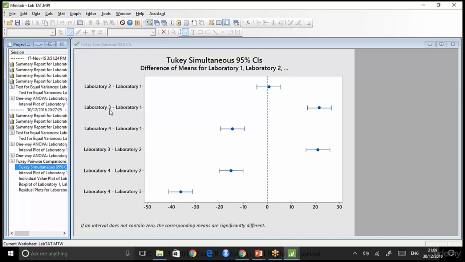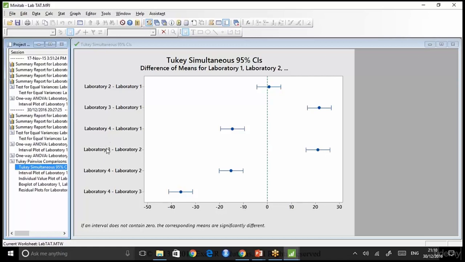The same implies when you look at lab 2. Lab 3 minus lab 2, right? This also means that the turnaround time of laboratory 3 is greater than 2, right? Laboratory 3 is greater than laboratory 2.